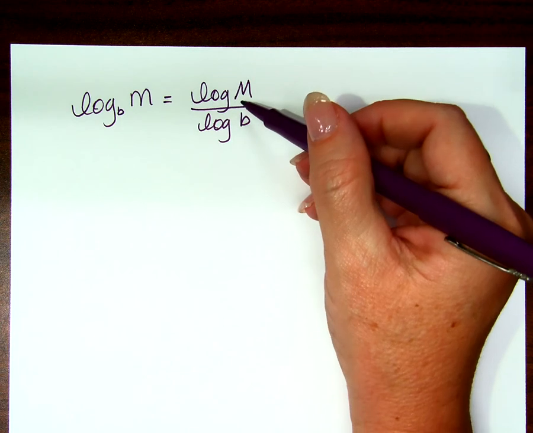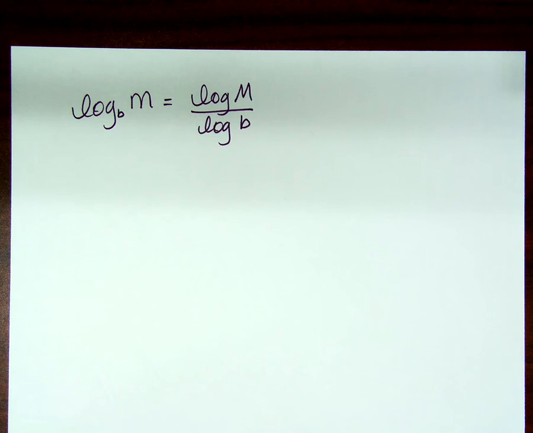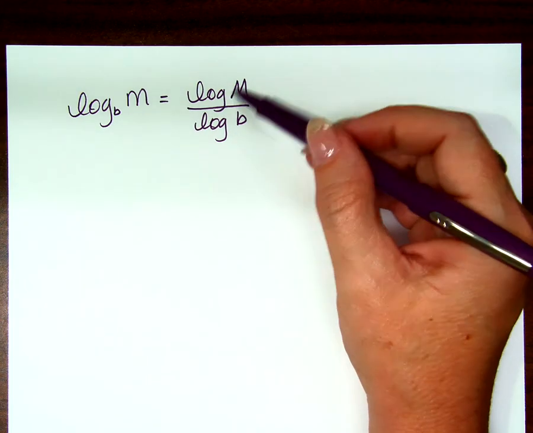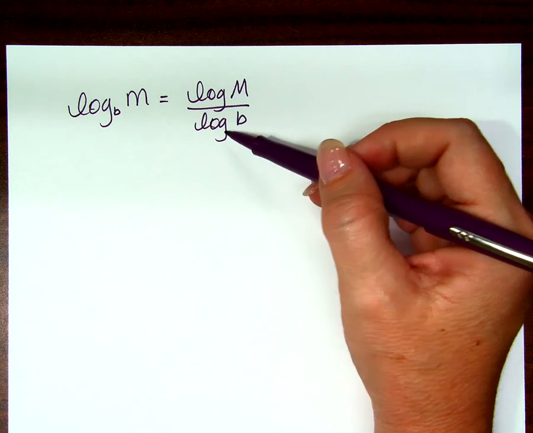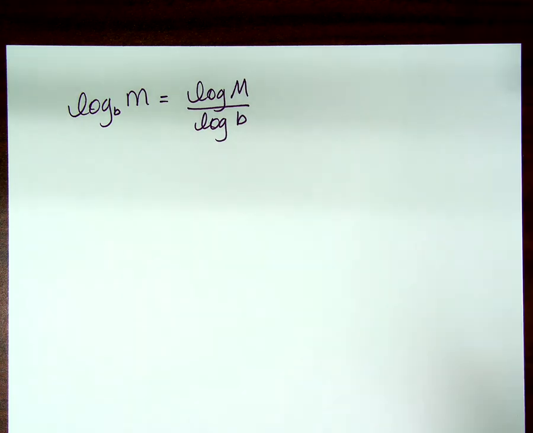Now, if you look in the textbook, they have a base A and a base A, except doing a change of base property to anything else besides a base of 10 is ridiculous, because then you'd have to do a change of base property on this one and on this one. So why don't you just put it in base 10? But that's just me. Okay?